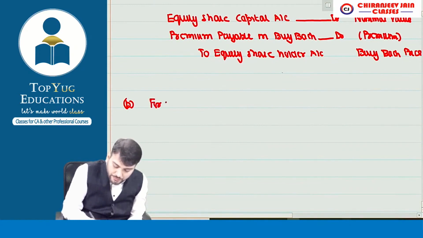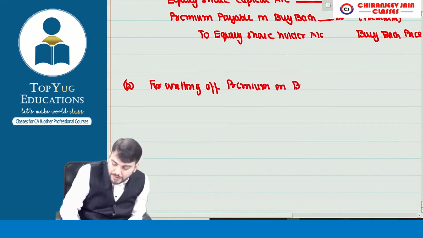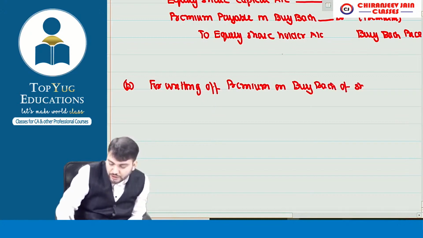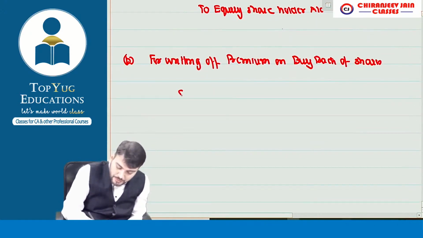Then add on point number B, for writing off premium on buyback of shares. So what journal entry?